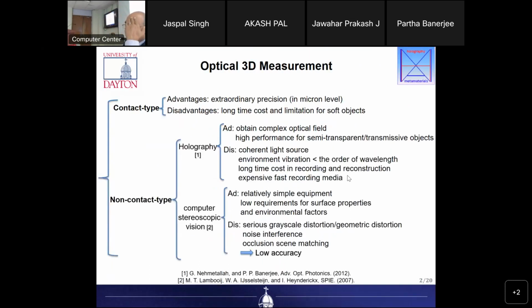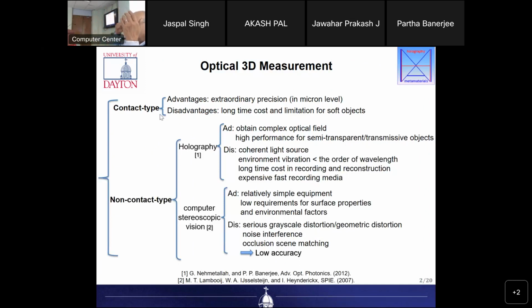There are all these different methods to figure out the distortion, or the deformation, of an object. You have contact type measurements where you can find the actual profile of an object, like a profilometer.